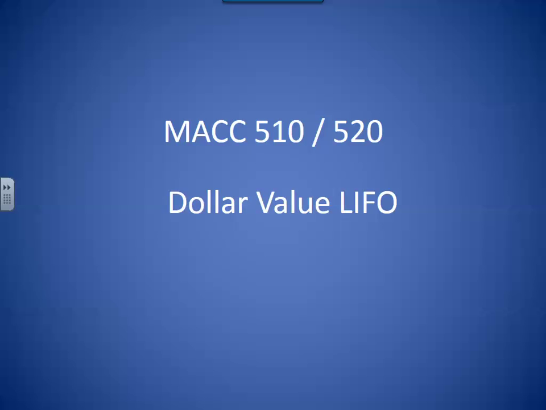However, in dollar value LIFO it's a bit different, because it can be applied across groups of inventory items that are substantially but not necessarily identical, and we can have multiple groups. In accounting, we normally call these groups pools.